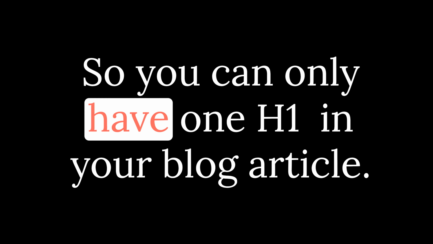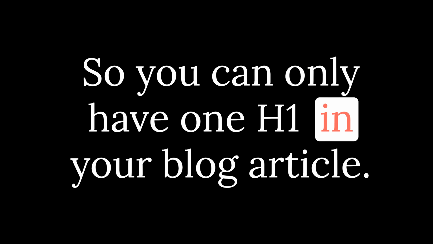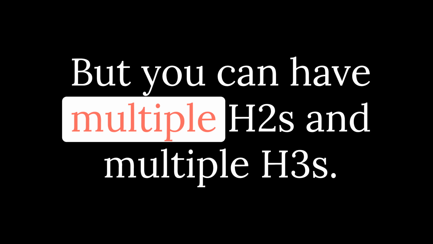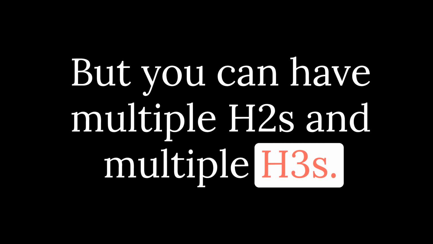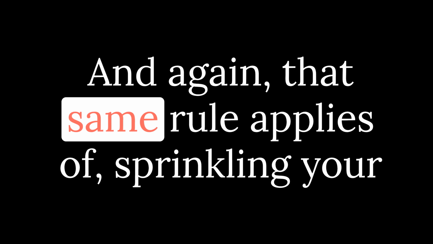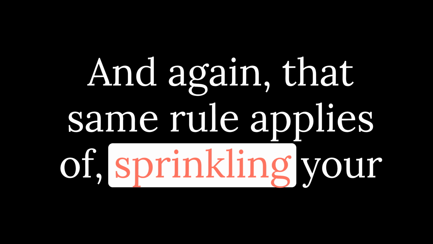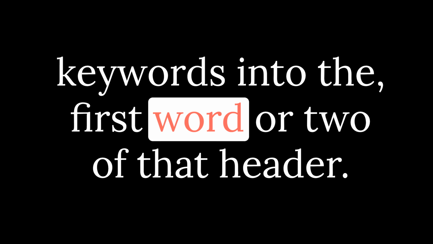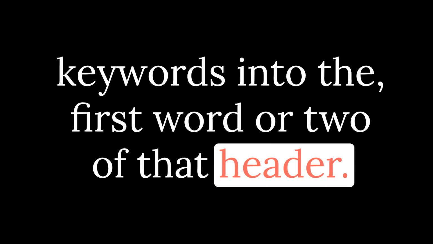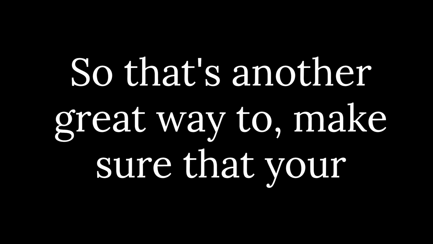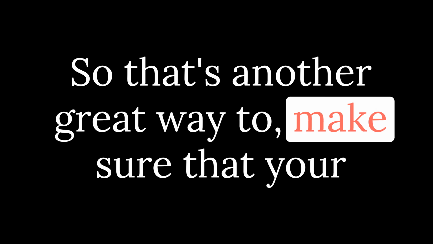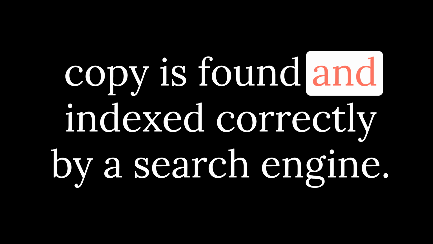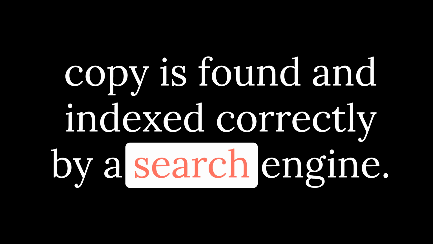So you can only have one H1 in your blog article, but you can have multiple H2s and multiple H3s. And again, that same rule applies of sprinkling your keywords into the first word or two of that header. So that's another great way to make sure that your copy is found and indexed correctly by a search engine.